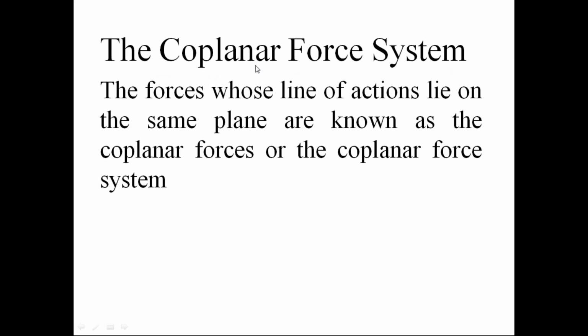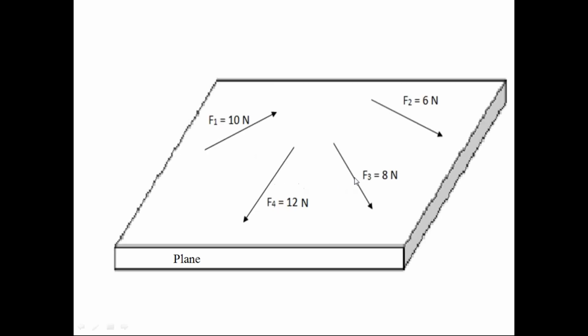Force system means a number of forces. So if several forces act on the same plane, we call that force system a coplanar force system. Check the diagram, please. Here we have the level surface called a plane, and all forces are acting on the same plane.